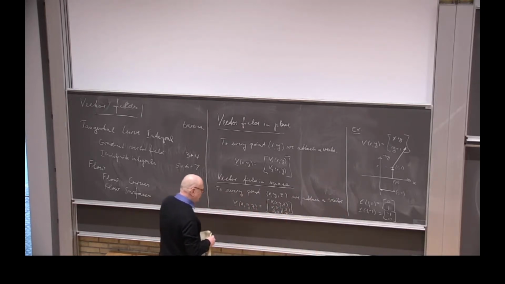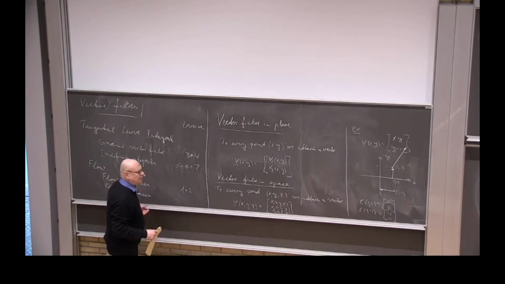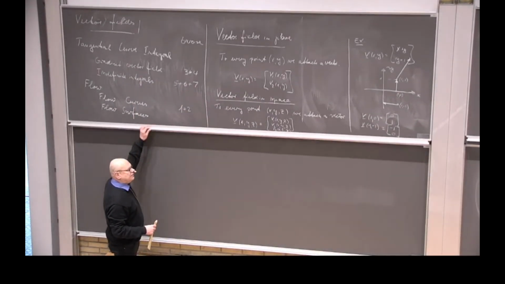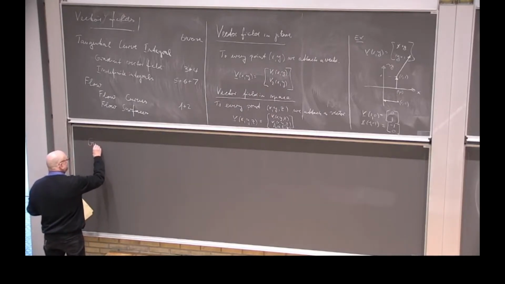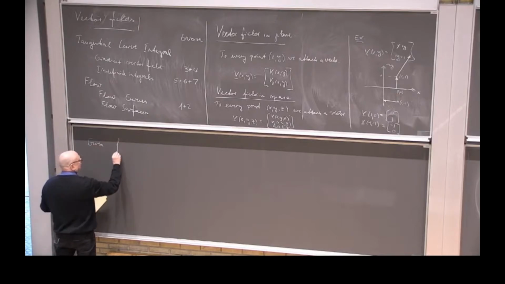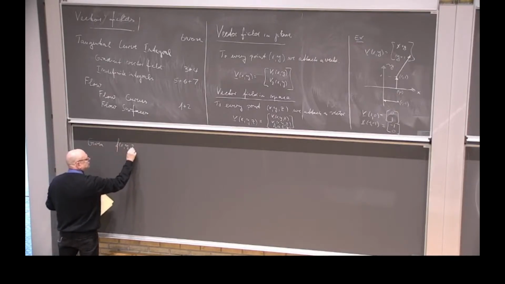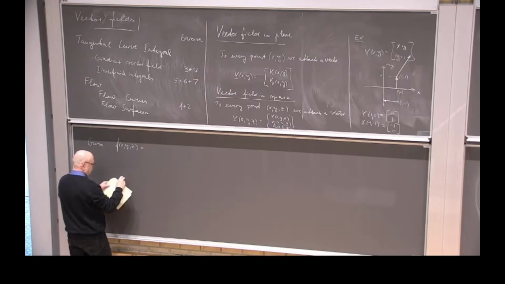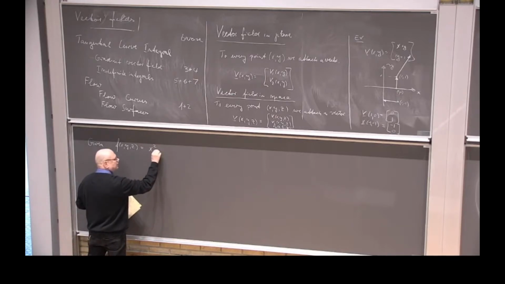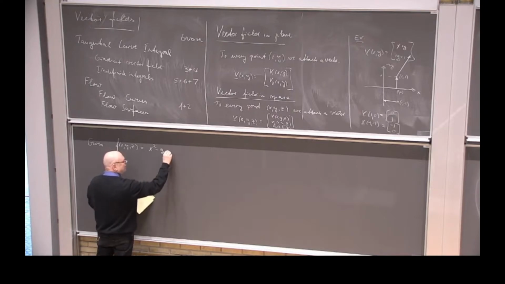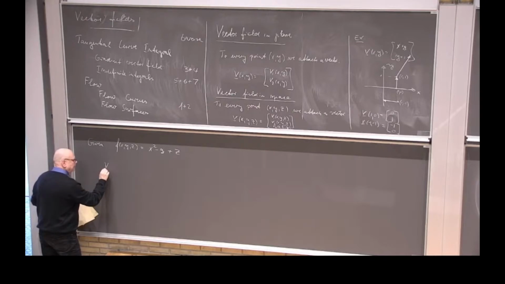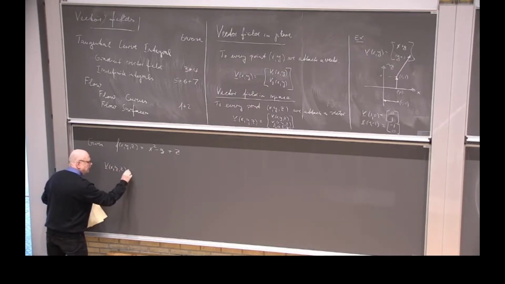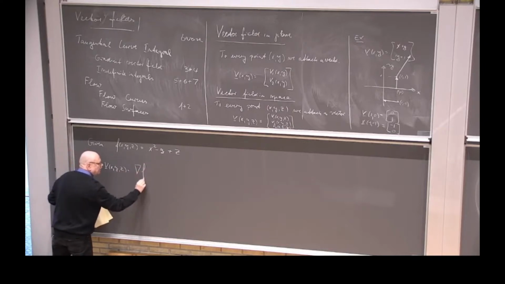Now, a special vector field that we're going to discuss is the gradient vector field. We're given a function of the three variables, x squared minus y plus z. Then you can construct this vector field, namely the gradient of f.